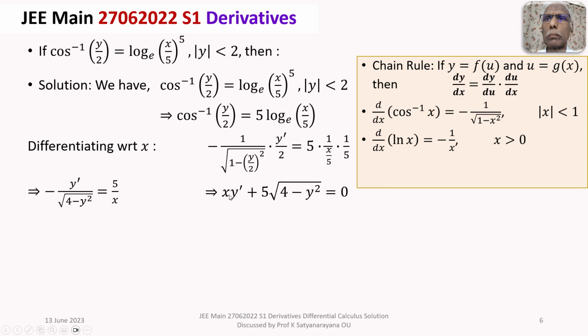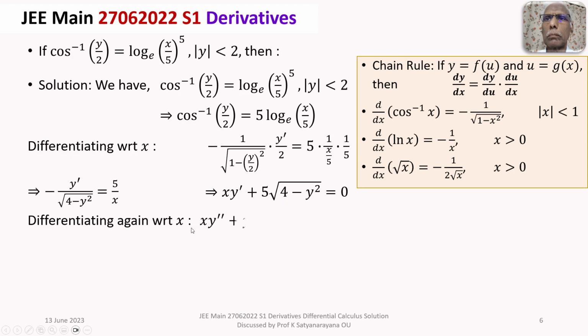Now again we differentiate with respect to x. To differentiate with respect to x, you need the derivative of this one. Again, you recall d by dx of root x is 1 by 2 root x when x is greater than 0, and then apply the chain rule here.